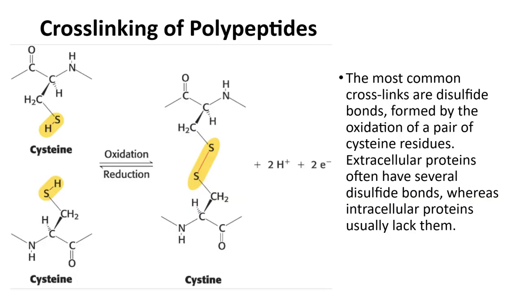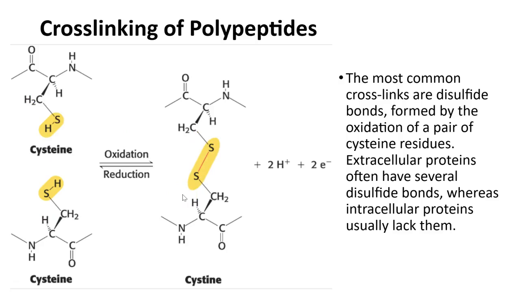And so amino acids can not only be joined together by peptide bonds, but also by disulfide bonds. And so remember back in the last lesson where I stated that cysteine can be oxidized. This is what is happening when that cysteine is oxidized and it forms a disulfide bond.